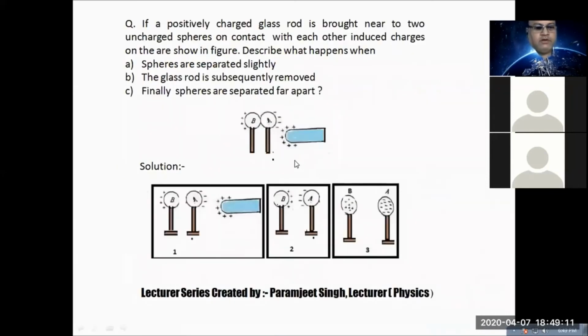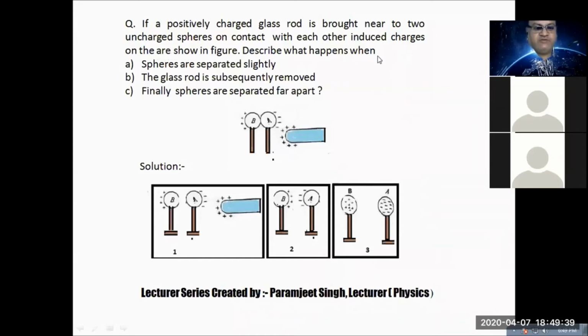Now another very important and interesting numerical. See this diagram. If a positively charged glass rod is brought near two uncharged spheres in contact with each other, induced charges on the spheres are shown in the figure.